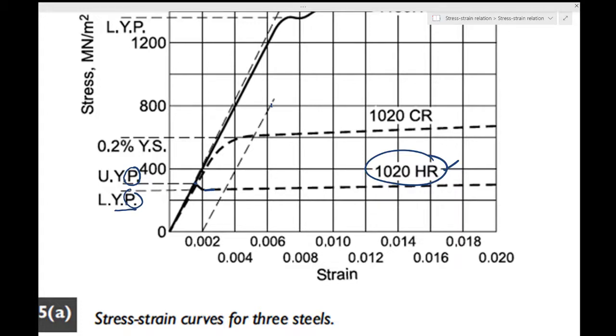Now, if you take a specimen like this, in a tensile test, you pull it, and the idea is that you pull it slowly. What has been observed for materials like this is that this value which you get, once you draw the curve, is very sensitive to the rate of loading.